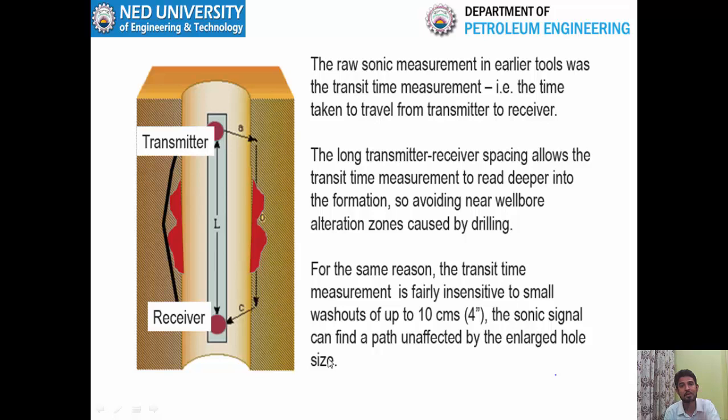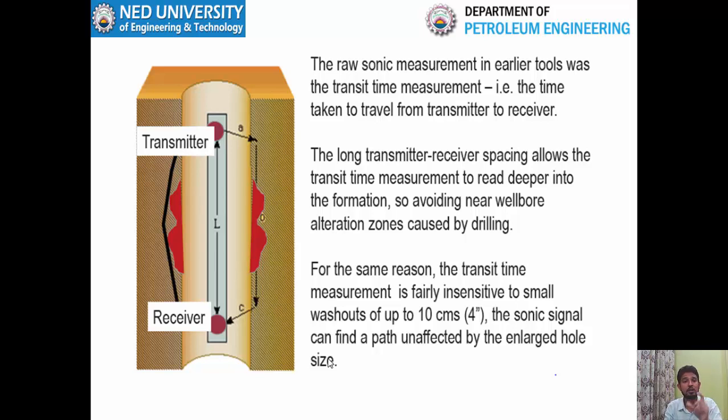This is another application of the sonic log, and in this slide it has been mentioned that the sonic tool will give you a true formation reading even if you have a small washout. In a washout zone, for example, in the density tool and the neutron tool we have seen that they have a shallow depth of investigation.